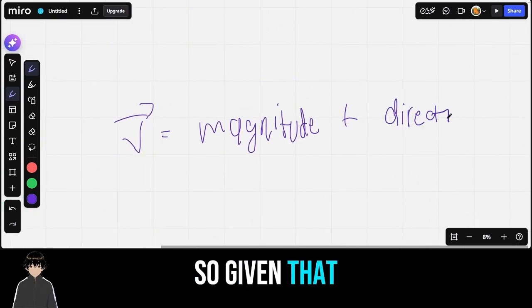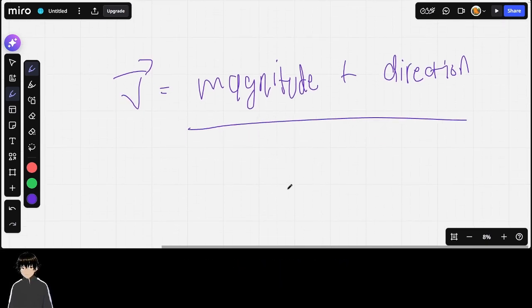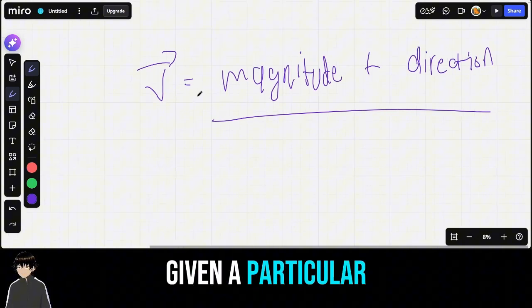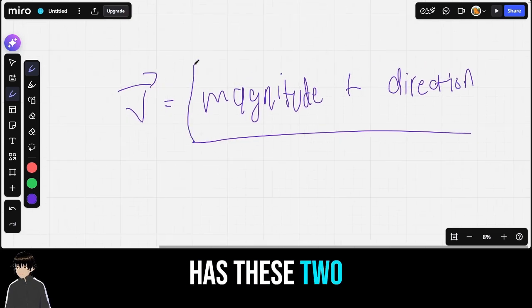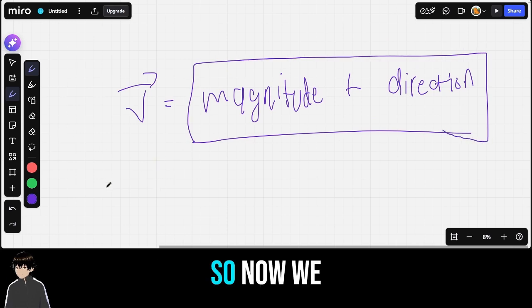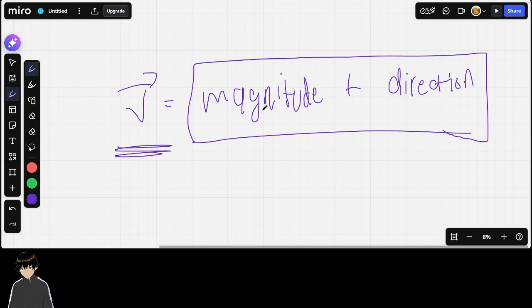Given that definition, we could say that a given vector always has these two components together. So now we recall what a vector is.